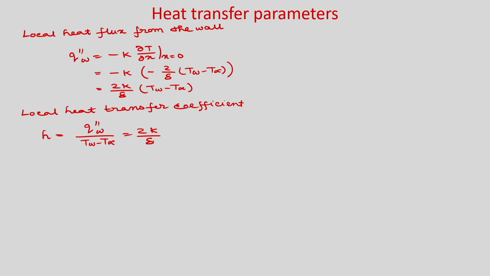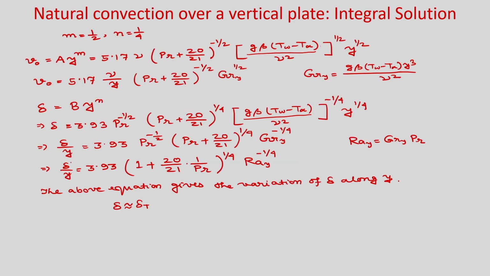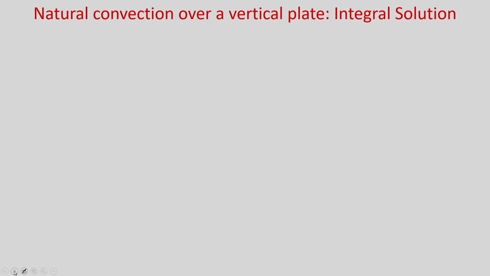So, if you put the value, then you will get h as twice k by y, 1 by 3.93, 20 by 21, 1 by Prandtl number plus 1 to the power minus 1 by 4, Rayleigh number to the power 1 by 4. So, this we are writing from this expression. So, you can see we have delta by y.